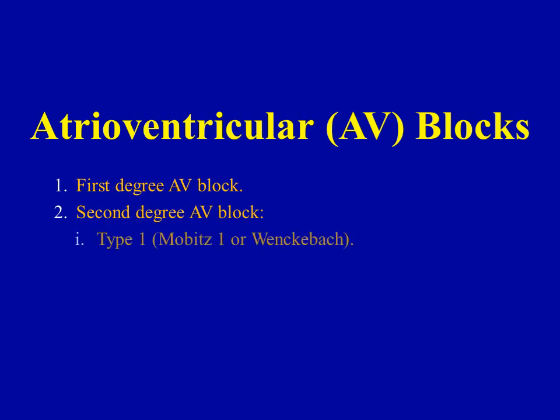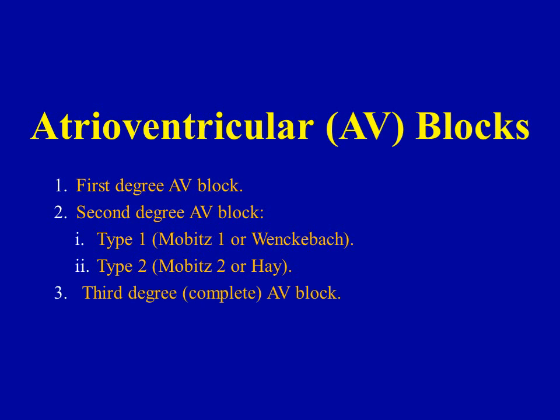Now let's talk about the different degrees of atrioventricular blocks or AV blocks. We have 3 degrees. The first degree AV block, then we have a second degree AV block, type 1, which is Mobitz 1 or Wenckebach, and we have type 2 or Mobitz 2 or Hay AV block, and finally we have the third degree or the complete AV block when the AV junction fails to conduct any signals from the atria to the ventricles.